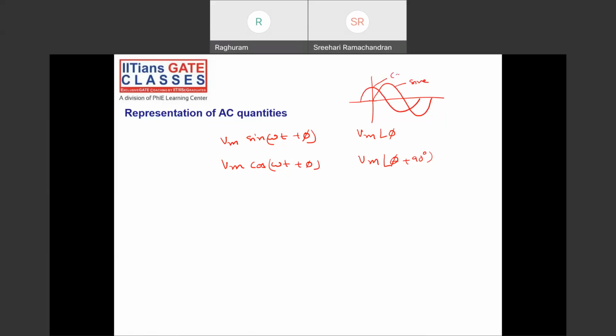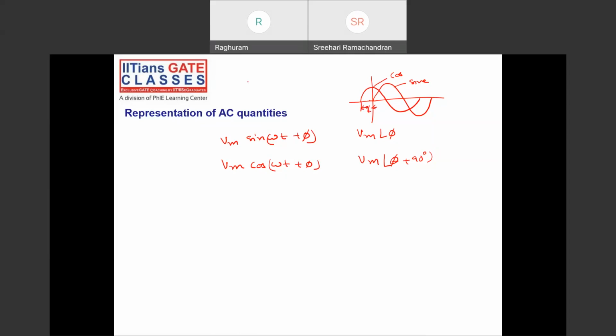This is sine, this is my cos. So cos is leading sine because cos starts earlier. Cos is leading sine by 90 degrees.